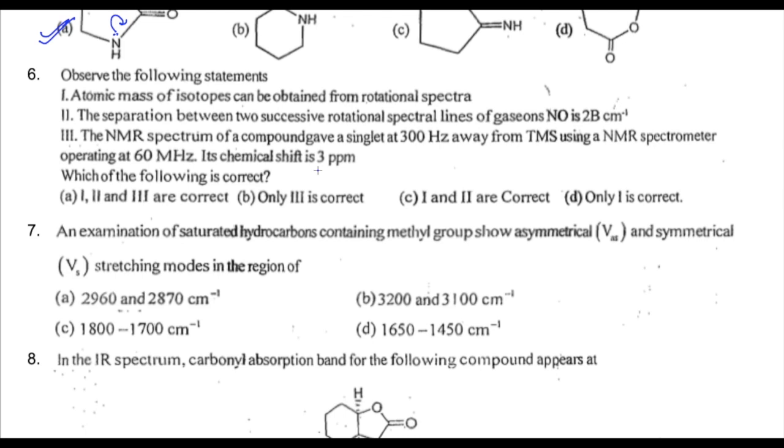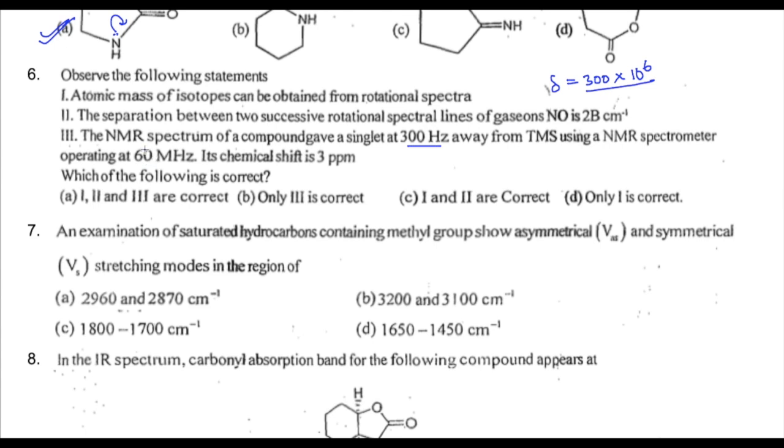The third statement is basically a numerical which you can easily do. The NMR spectrometer is operating at 60 megahertz, so you have to calculate the chemical shift. It's just based upon a direct formula. Delta equals the observed chemical shift in hertz, which is 300, so 300 into 10 to the power 6, divided by the operating frequency.